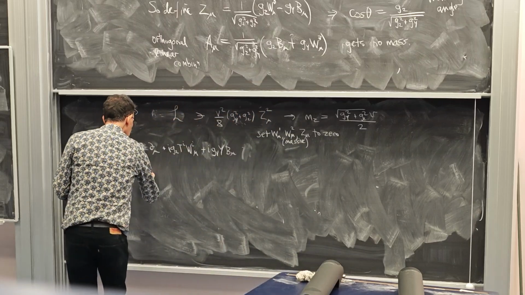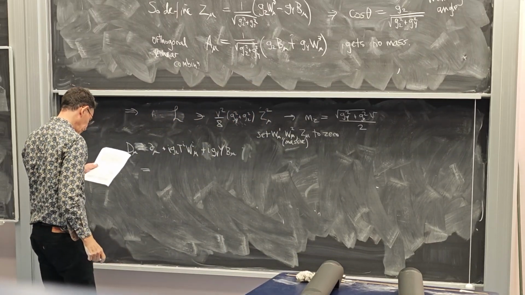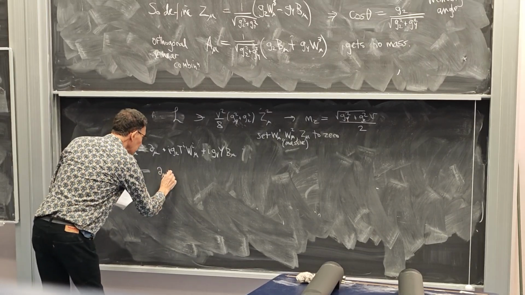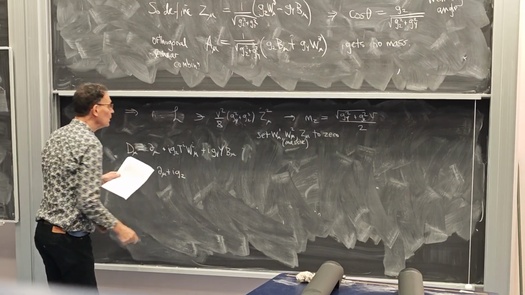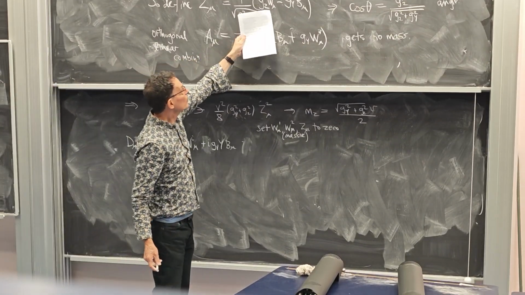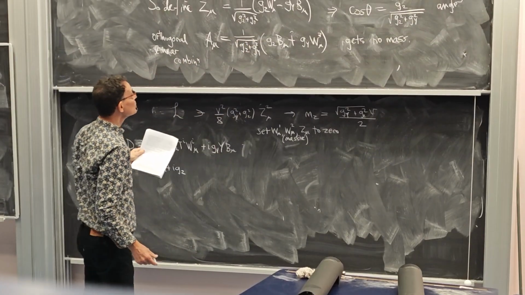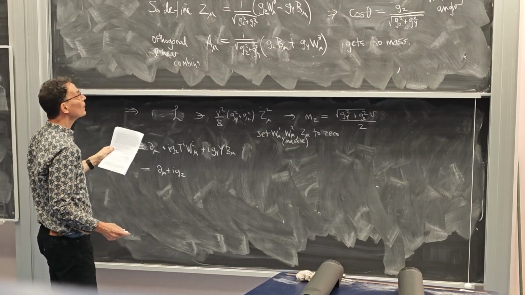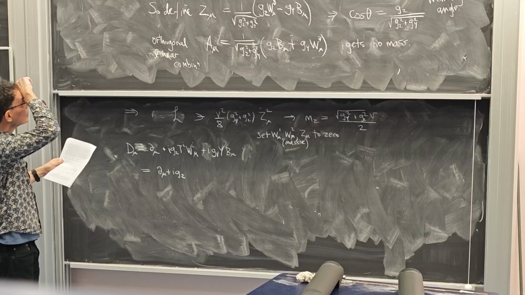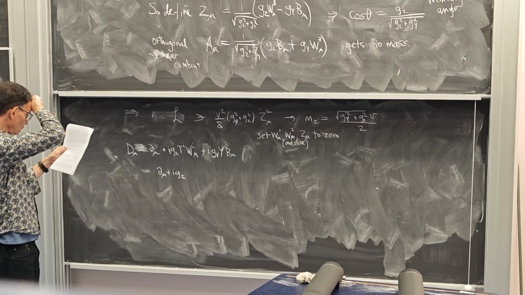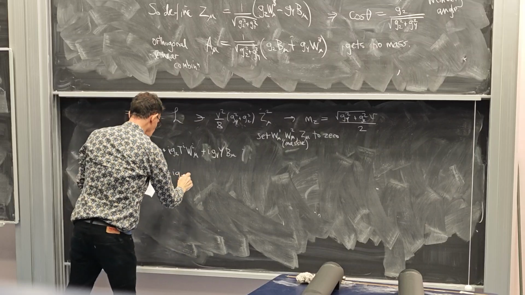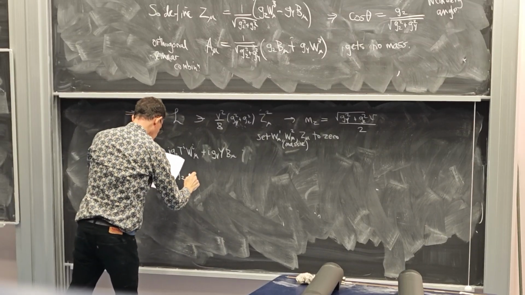And so then you see that this is equal to B mu plus i g2 W mu 3, which is gY over g2 times B mu. Just write it down and then I'll justify it.